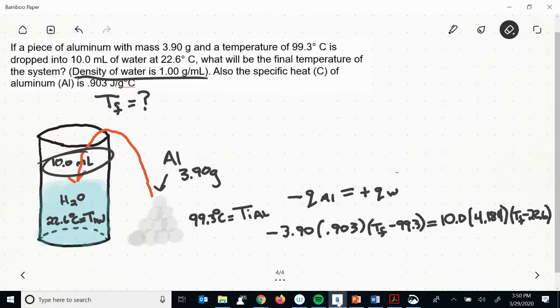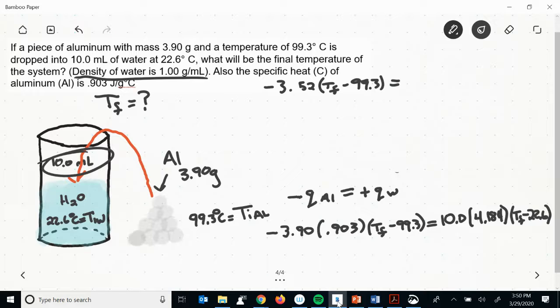So the first thing I'm going to do is multiply terms together on the left-hand and the right-hand side. So I'm going to say negative 3.90 times 0.903. What that gives me is negative 3.52 times (TF minus 99.3).